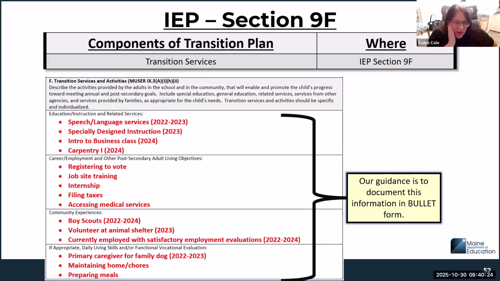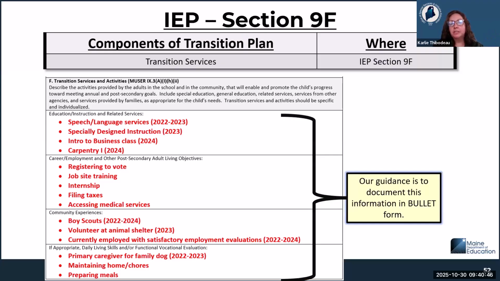I asked the question. I thought you said that you could take stuff out, so I wanted to just clarify that this section is cumulative and you just add as you go. I think so. Compliance would be that it is filled in for the life of the IEP as it is. However, best practice would be to keep in the previous services.